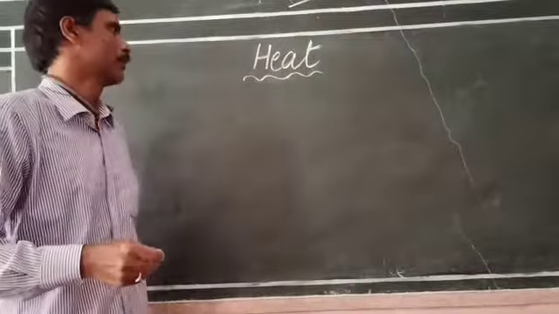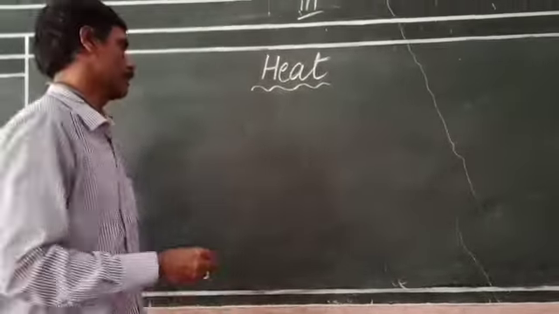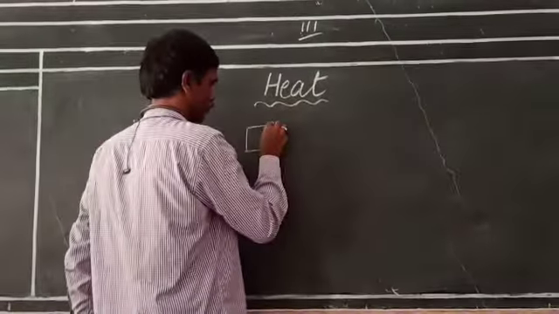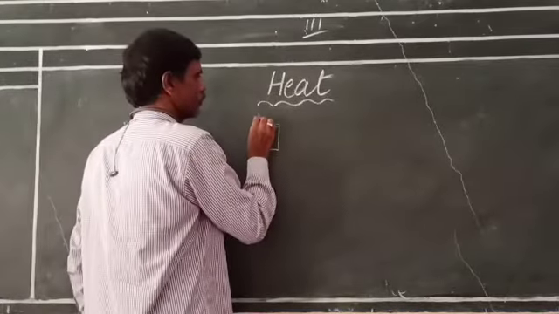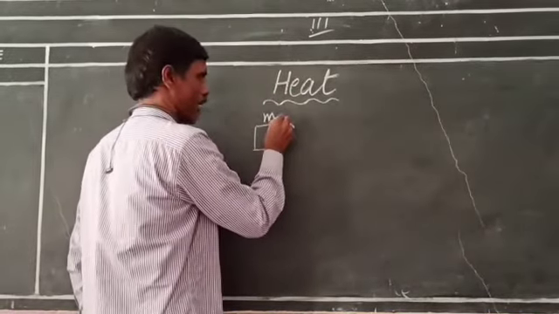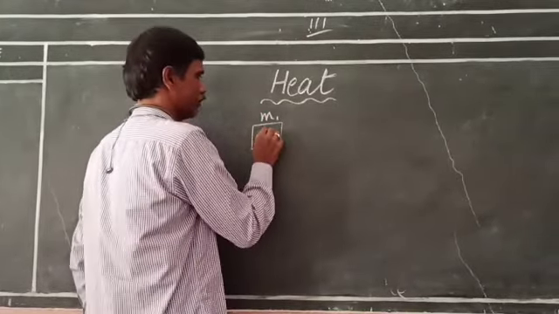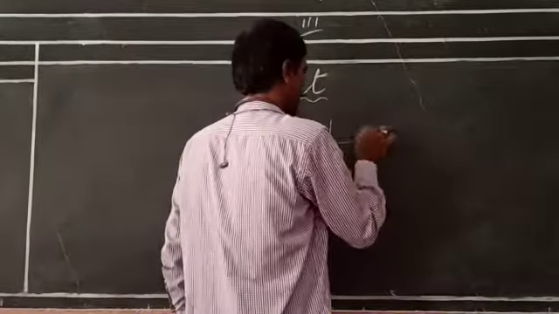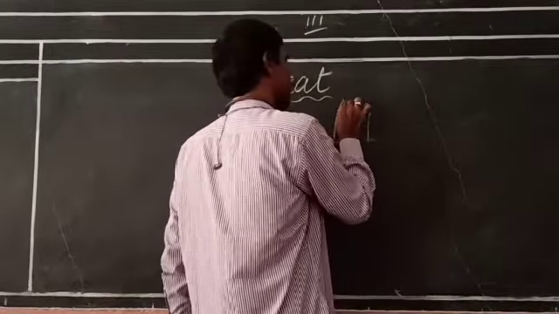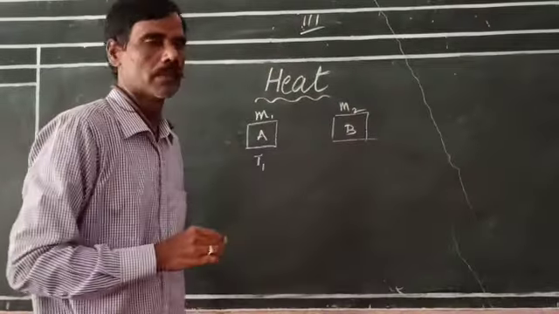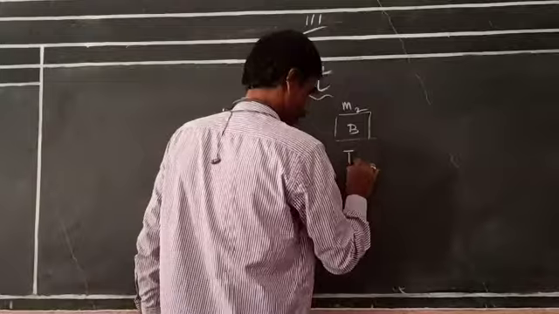Here, let us take two different substances. This is of mass M1 and at temperature T1, and another body B of mass M2 and the temperature is T2.